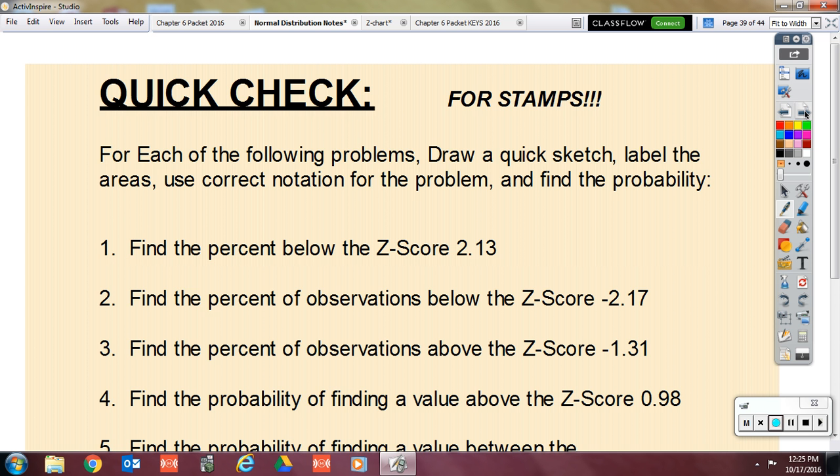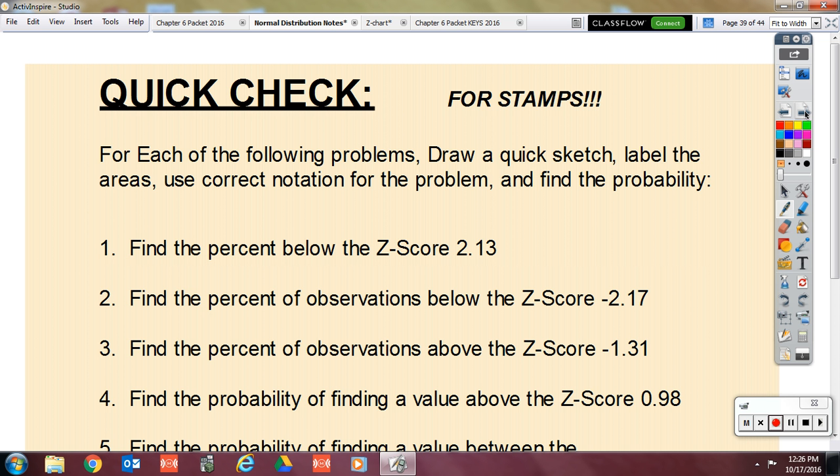So in your packet, in your notes on page 10 or something, I don't know, so you have to go past, so page 9, at the bottom corner of page 9 is this slide, and then on the top of page 10, you've got a whole bunch of little normal models.